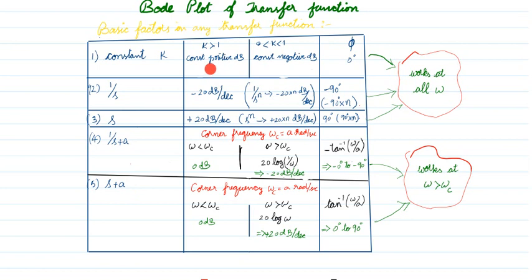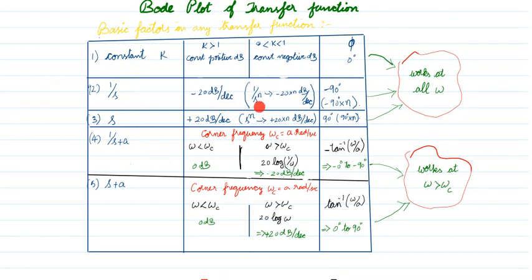And we know when k is greater than 1, for a constant, the 20 log magnitude will be positive. When k is between 0 and 1, the magnitude 20 log k will be negative, and it will be a constant. The phase angle of any constant is 0 degree. For a factor of 1 by s, the slope would be minus 20 dB per decade.